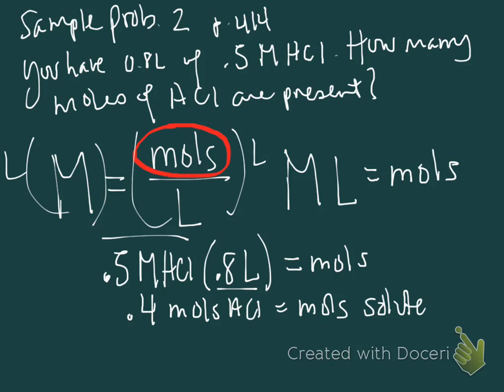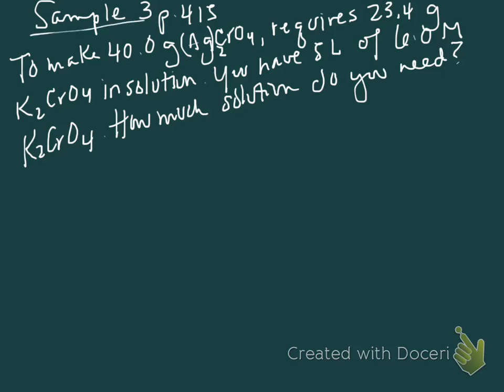Not so bad. So this is a little bit more complicated because you're looking to find how much volume of a given molar solution you need to get the number of grams of reactant that are required. You need 23.4 grams of potassium chromate. That's the number here.